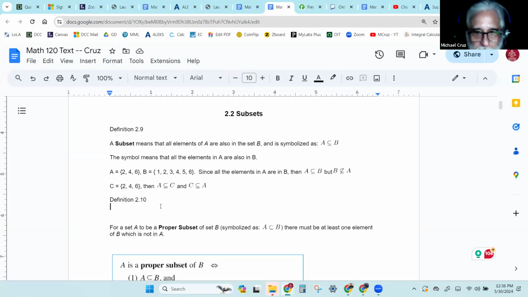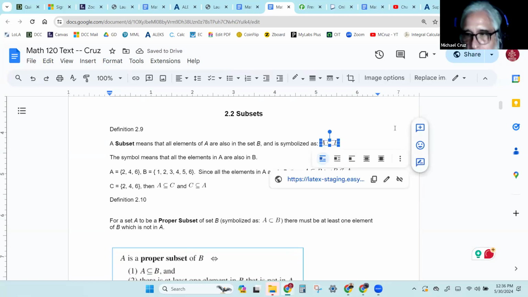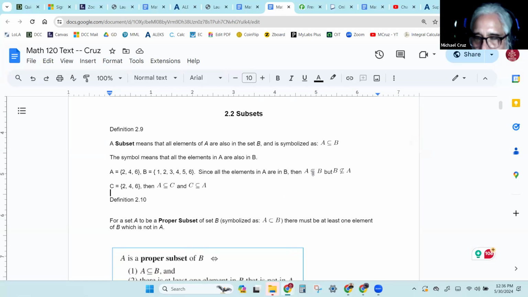So a subset, I was going to put the symbol right here. I'm just going to write it right here.